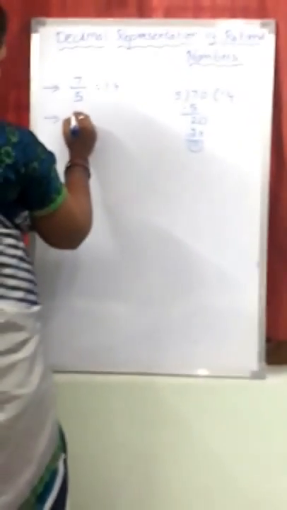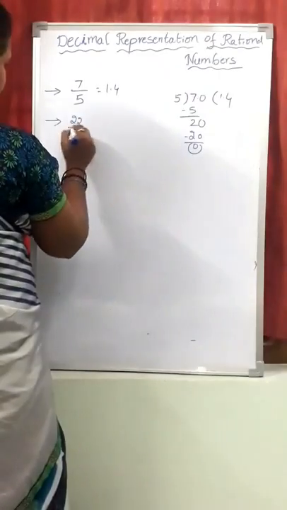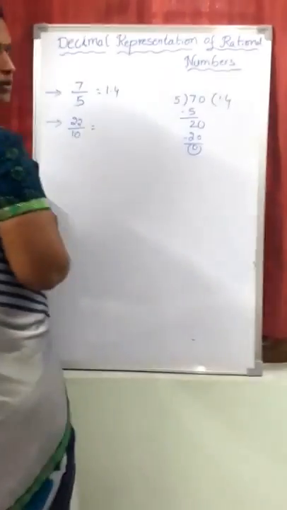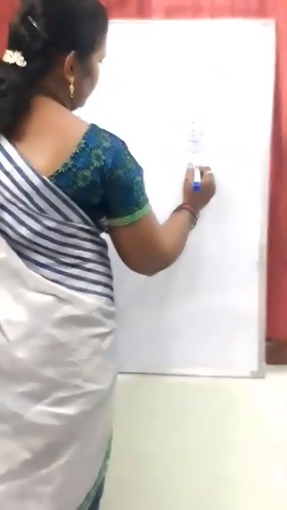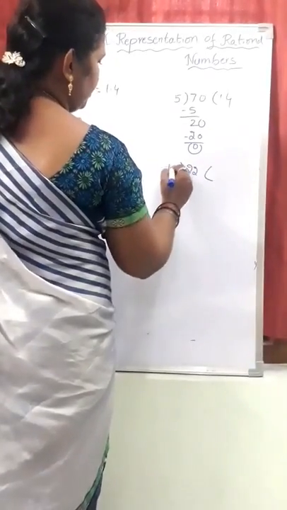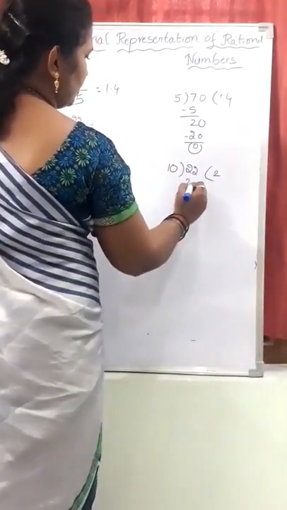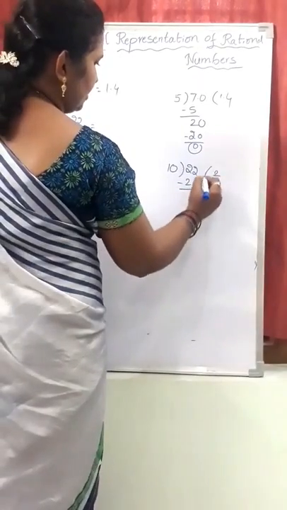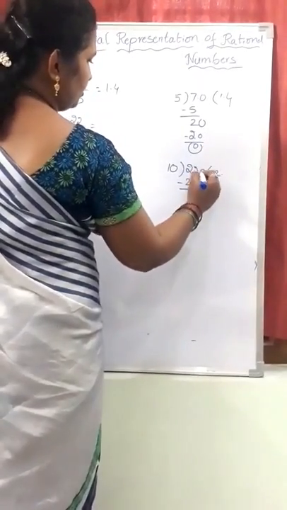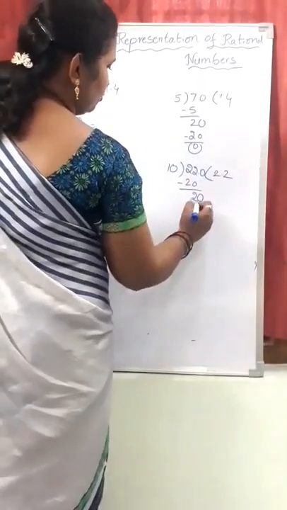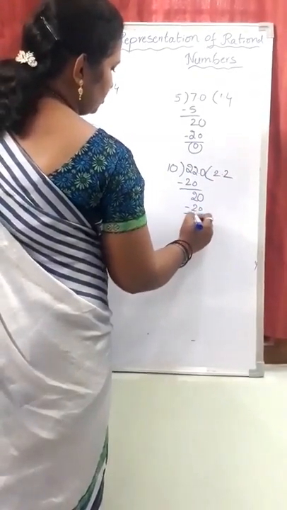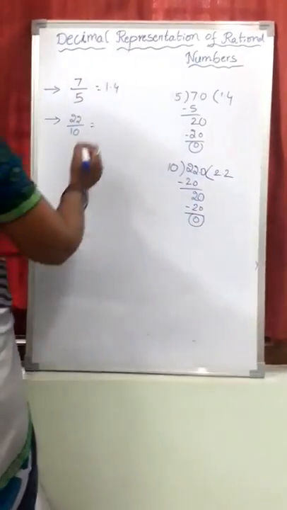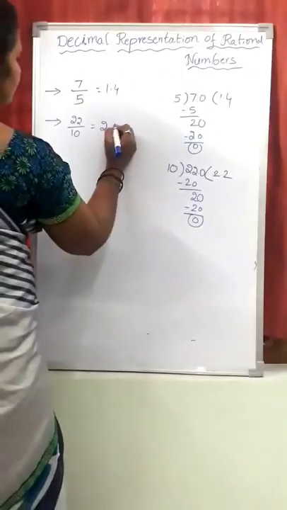Now I am taking the number 22 by 10. So I am dividing 22 with 10. 10 twos are 20. Remainder is 2. Now keep a point and 0. Again 10 twos are 20. So here also I got the remainder 0. Then its value is 2.2.